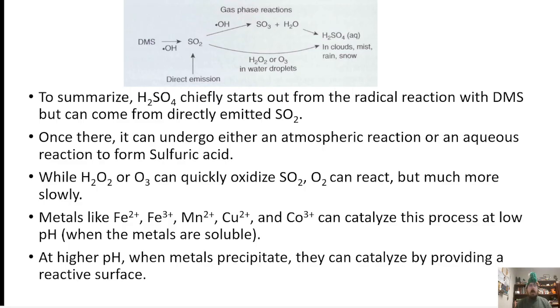However, at higher pH, these metals can precipitate and form solids. And these solids can also catalyze these reactions by just providing a surface. Sometimes reactions form better along surfaces rather than trying to float around and bump into each other. So these metals, when they get into the atmosphere, can catalyze them either in solid or aqueous form.